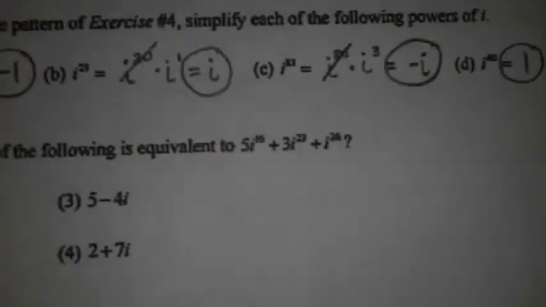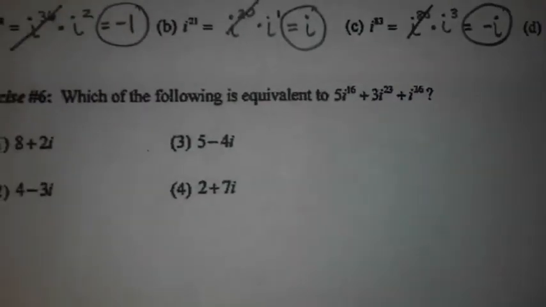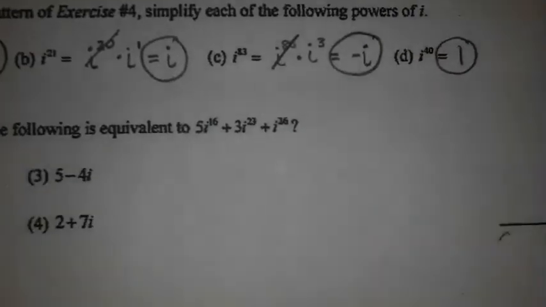Okay. So exercise 6 asks you to find the equivalent. Okay? Now here's the issue. If those were just x's, we wouldn't be able to combine like terms because we have an x to the 16th power, an x to the 23rd, and an x to the 26th.